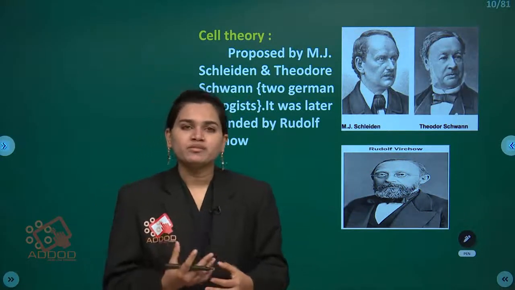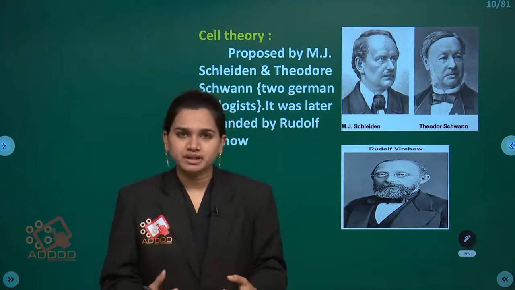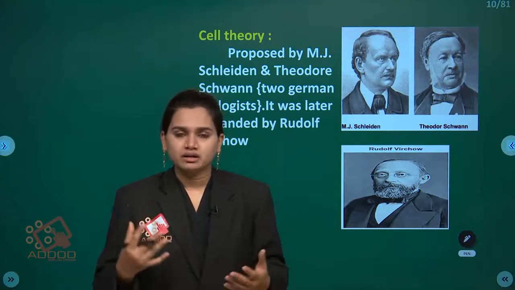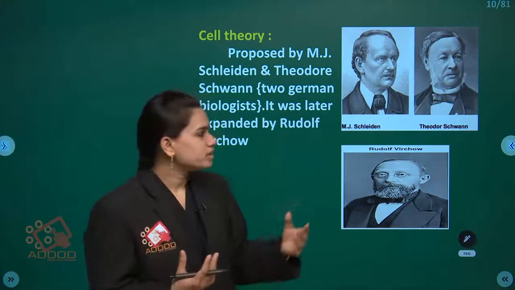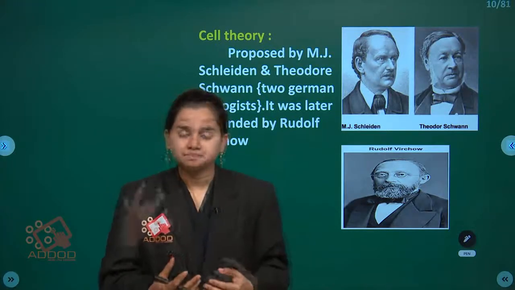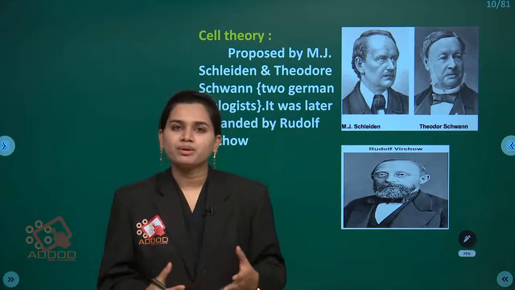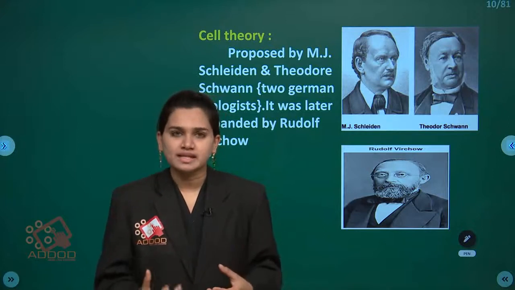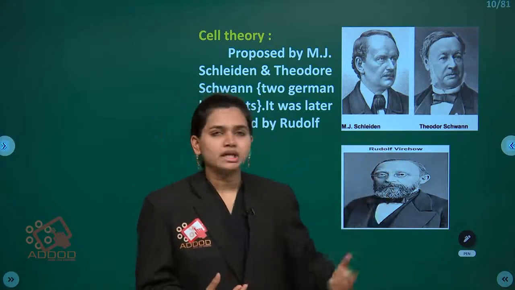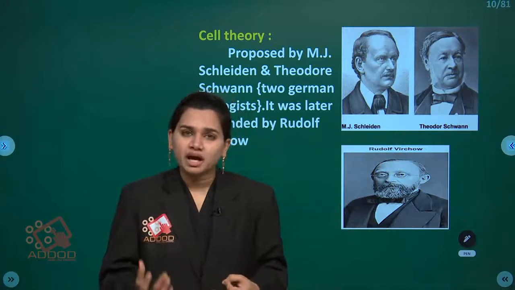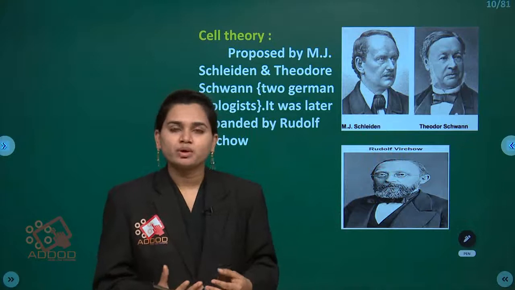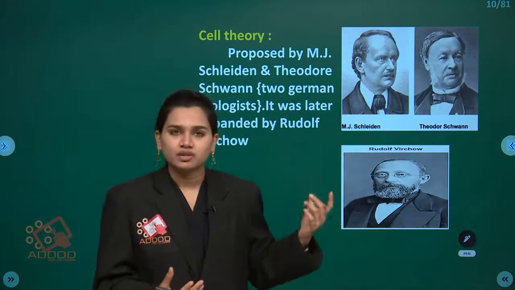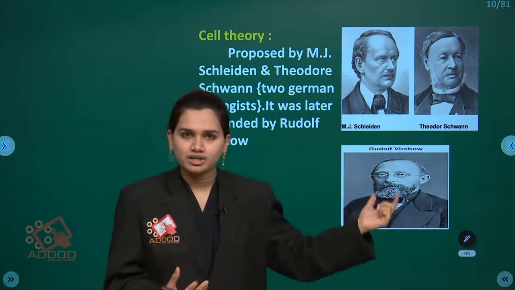Both of them were doing research at the same time, and hence they gave their statements at the same time. Schleiden said that all animals are made up of structures called cells, and Schwann said that all plants are made up of structures called cells. Based upon this, cell theory was proposed by Schleiden and Schwann.